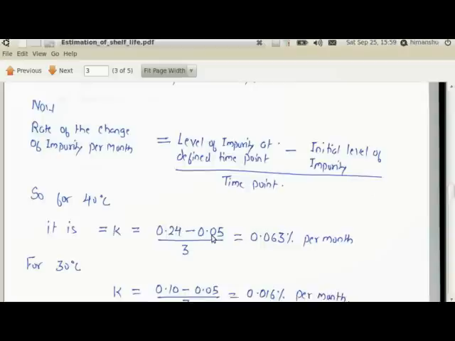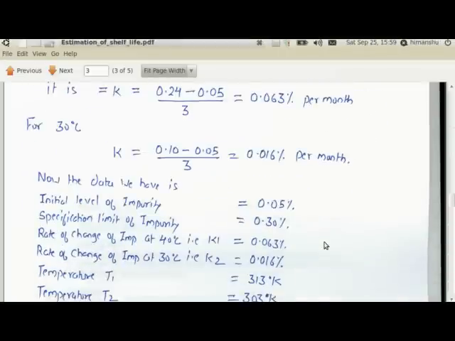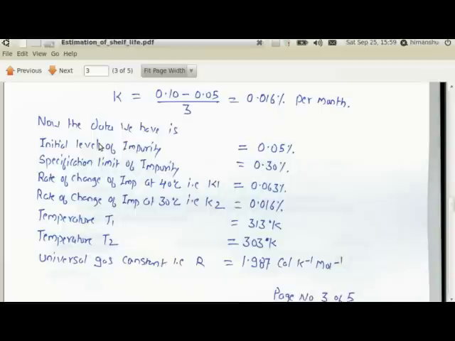So for 40 degrees centigrade it will become 0.24 minus 0.05, that is the initial level of the impurity, divided by 3, which is equal to 0.063% per month. Similarly, for 30 degrees centigrade it will be 0.10 minus 0.05 by 3, which is equal to 0.016% per month.